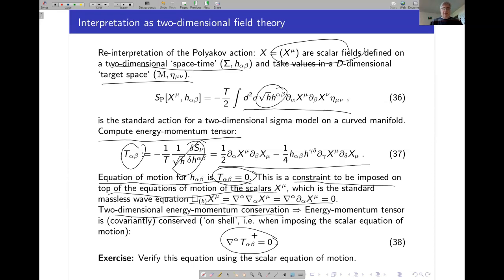Now, this equation 38, you can verify, but if you verify it, you will find that you need to use the equations of motion. So this conservation equation only holds on shell, on the locus in the configuration space where the equations of motion are satisfied.